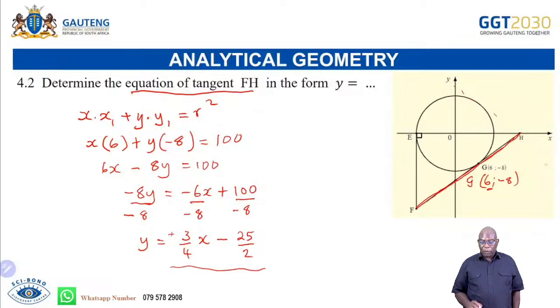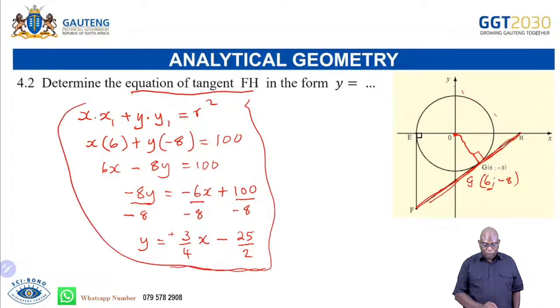An alternative method will be to first get the gradient of that line, then get the gradient of the tangent, and use the formula y minus y1 equals m into x minus x1. So you have a choice of those two methods. If you want to use this method, that's still fine, you get full marks.